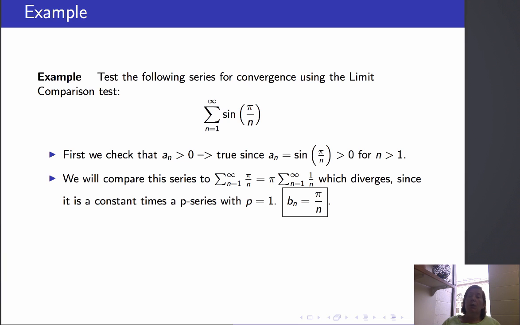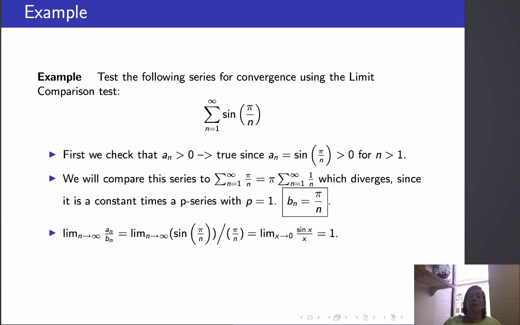So we could compare this series to the sum of pi over n. And when we think about that series, it's pi times the sum from 1 to infinity of 1 over n. I can pull that pi out of each term, and I get pi times the harmonic series, which I know diverges.